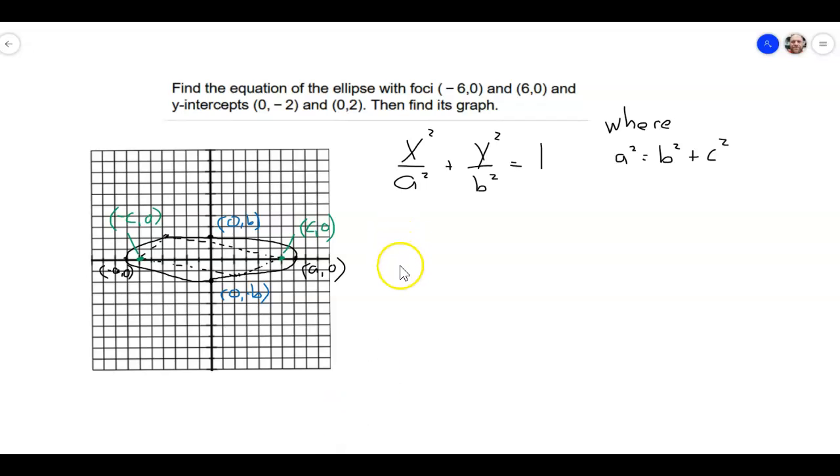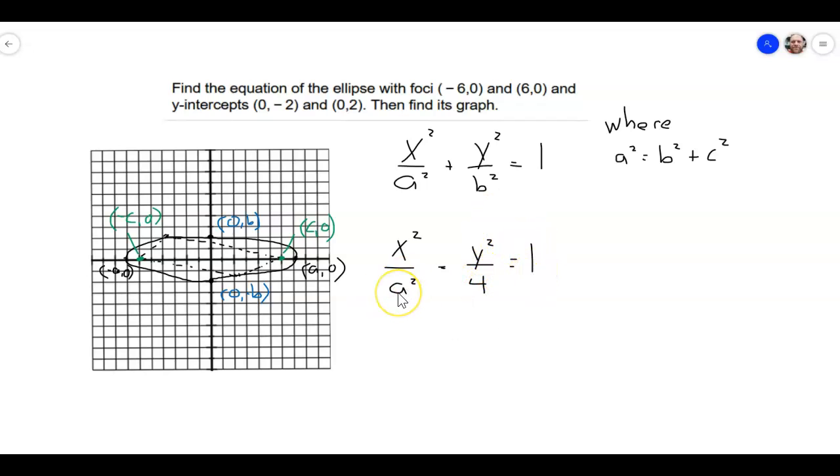All right, so we have most of this already. So already I can write x squared over a squared plus y squared over, and our b, we already know that's going to be 2, so that's just going to be over 4, because 2 squared is 4.